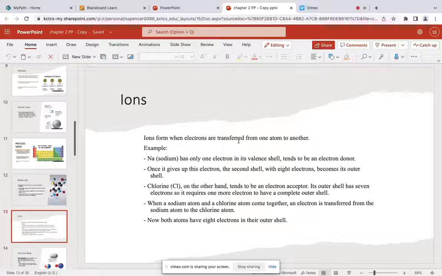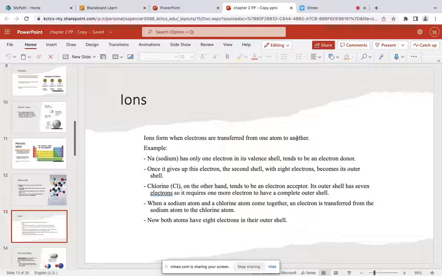An ion, right? What's an ion? Again, definitions are important. Ions form when electrons are transferred from one atom to another. So remember whenever I mentioned that we like for all elements to exist in a neutral state, typically. So an ion is just simply an element that does not exist in an electrically neutral state.